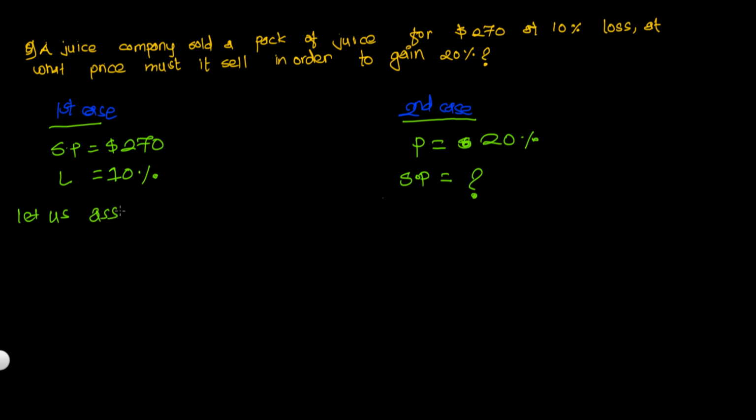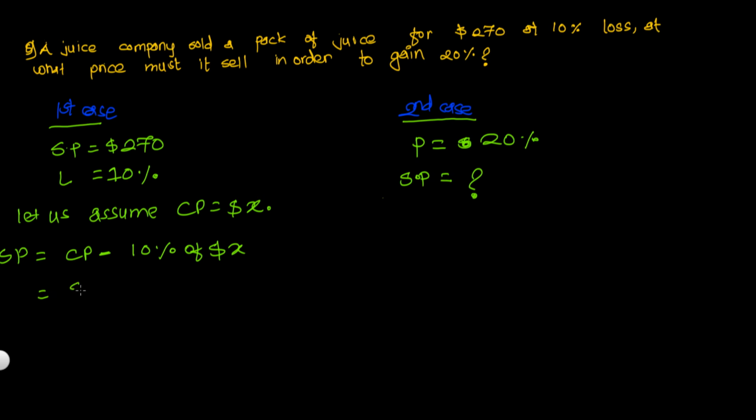assume our CP to be $X. So our SP would be CP minus loss percent, which is 10% of our CP.